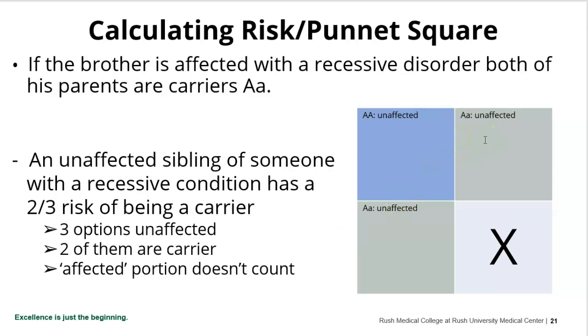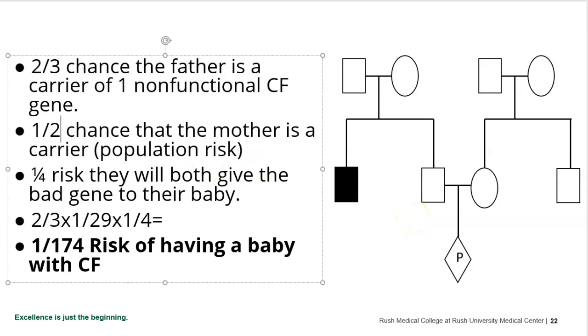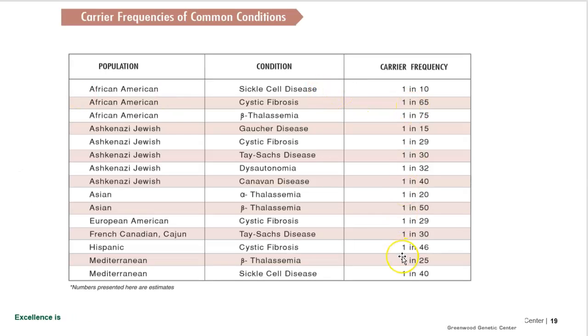So someone who has a sibling with a recessive disorder is at a 2/3 risk of being a carrier. So the chance that the father is a carrier is 2/3. The chance that the mother is a carrier, using that graph from earlier, is 1 in 29, which is population risk.